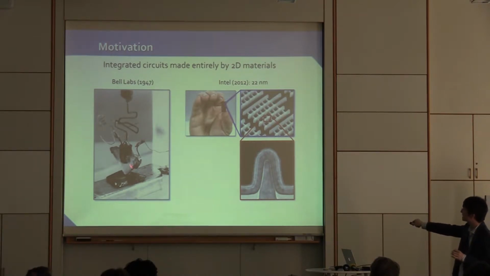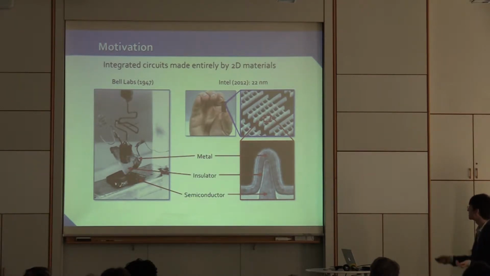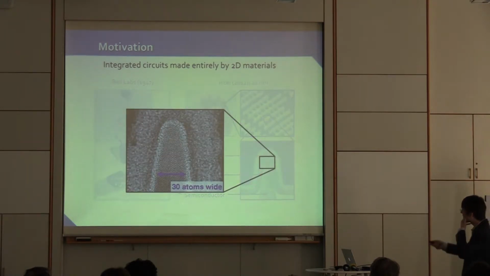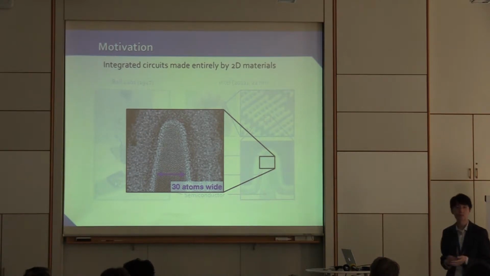But despite the drastic change in size, these transistors are actually made of similar components. First, they must have a metal, an insulator, and a semiconductor. In the semiconductor component, we are now already about 30 atoms wide.